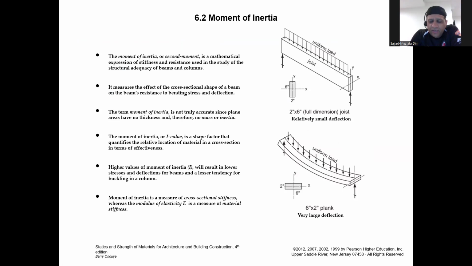So the higher the moment of inertia, the lower the stresses and deflections for the beams, and the lesser the tendency for buckling, which is what we want to avoid in terms of your structure. The moment of inertia is also a measure of the cross-sectional stiffness. And then there comes another term, elasticity, but that's more of a material stiffness as opposed to the cross-sectional stiffness.